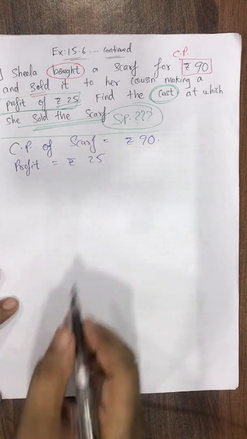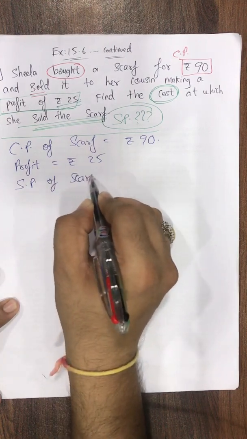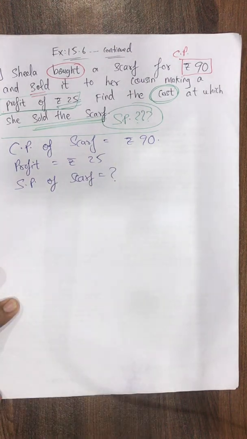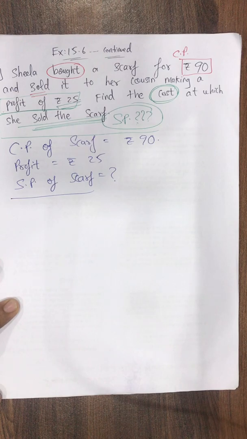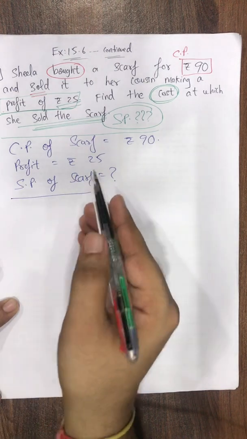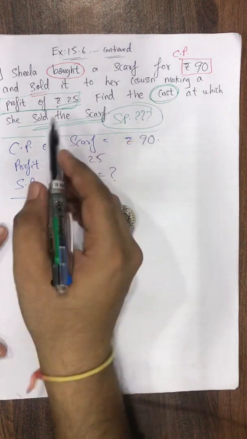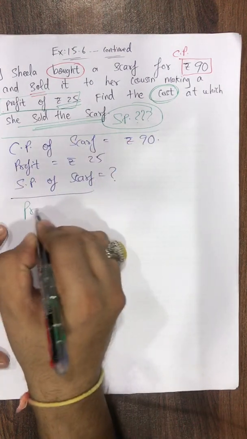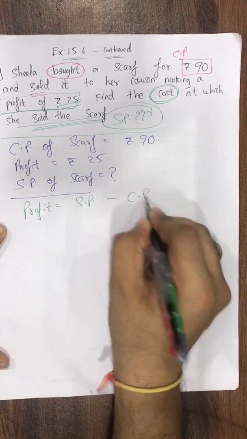Selling price of the scarf is equal to question mark. Now students, it's clearly visible that this entire transaction is of profit, because she's getting some profit. So I'll use the formula of profit. Profit is equal to selling price minus cost price.